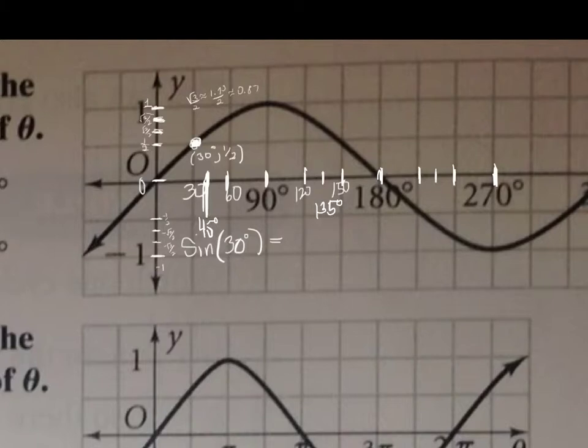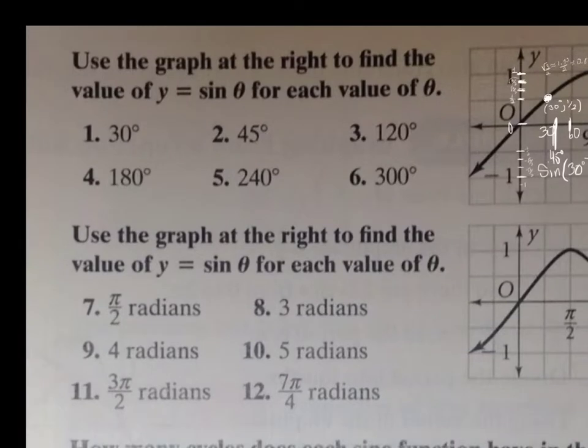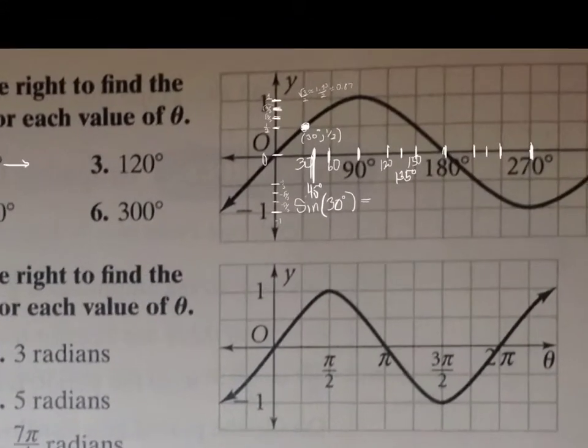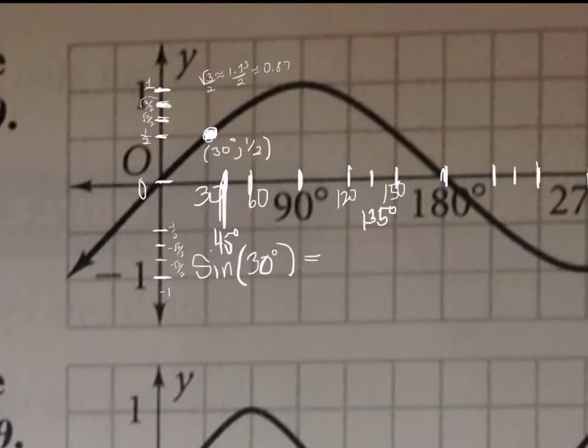All right, so now what we're going to do is answer all these questions. So sine of 45 is, you tell me, from the graph. Sine of 45 is... So where's 45 on the x?